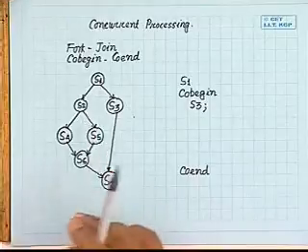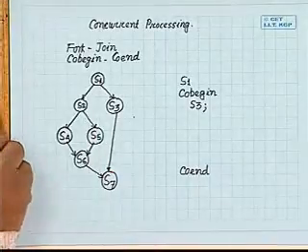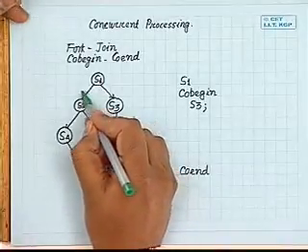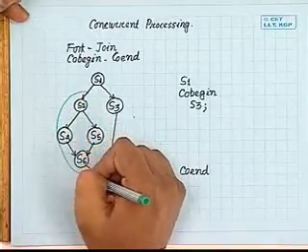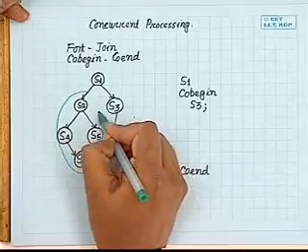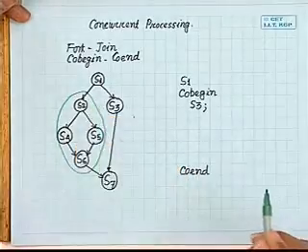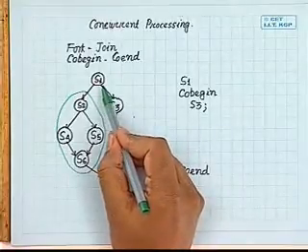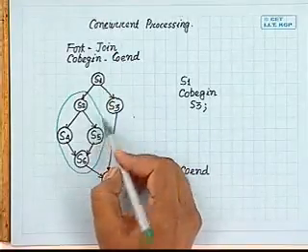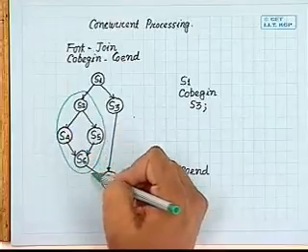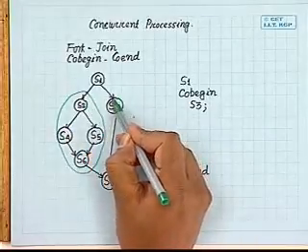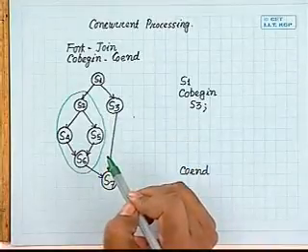Now if we concentrate on this part of the precedence graph, after executing statement S1, I create two processes. One process should execute this part of the precedence graph, and the other process should execute S3.